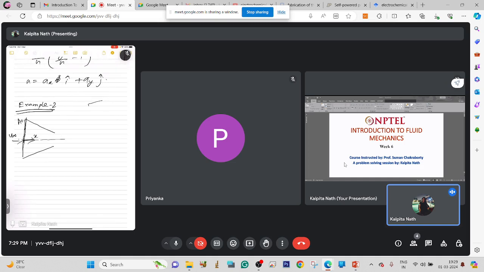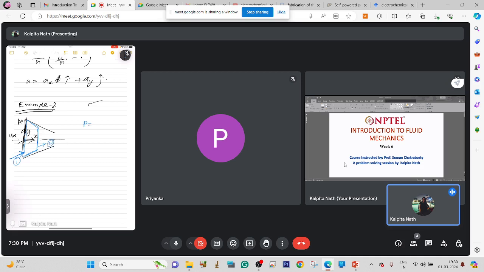Here it is x and here it is y. In this kind of problem, we'll just consider one control volume. On this surface fluid is entering, so that is one, and on this surface it is leaving, so that is two.